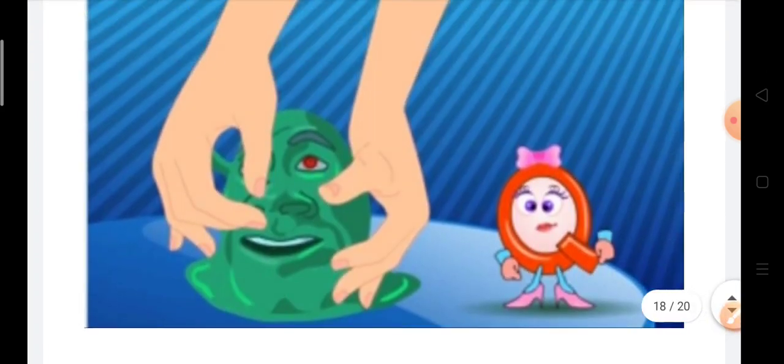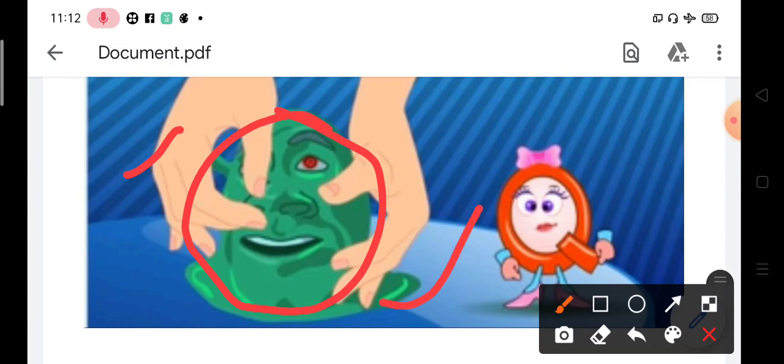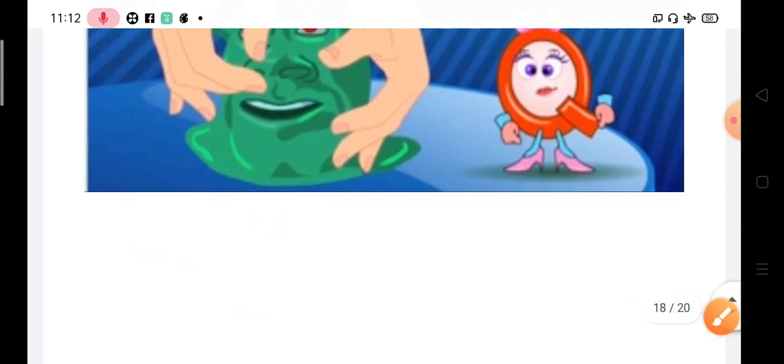In the next one you can see this image which is made up of clay. Clay is molded to form this shape. So force is applied on the clay to form this. That means force changes the shape.